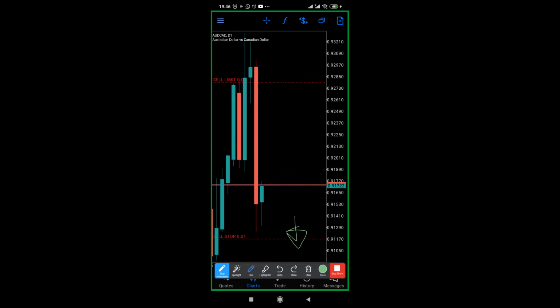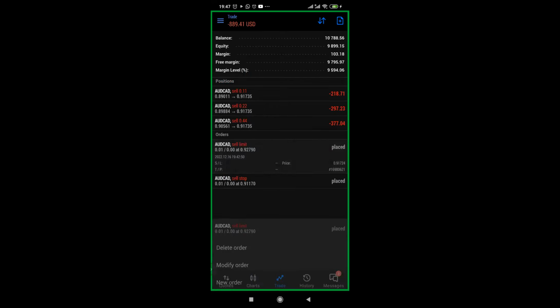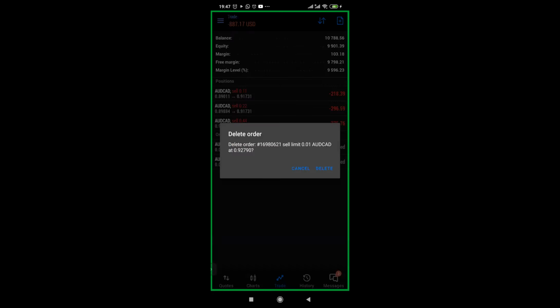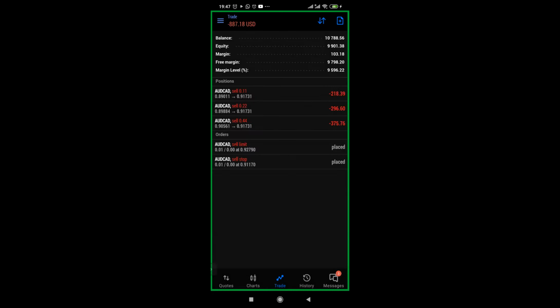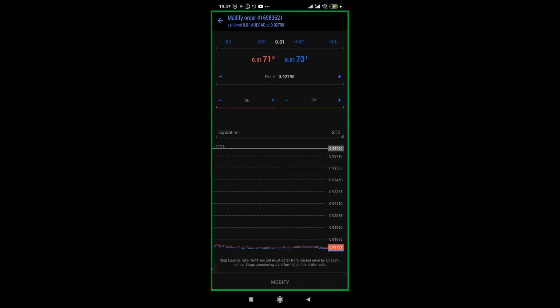Okay. So likewise, you can cancel a pending order as well. So let's say you don't want to let it be active anymore. Just tap on it for about 1 or 2 seconds. You see the option to delete order. So delete order, if you want to remove it completely, or you can use modify order if you want to modify the parameters.